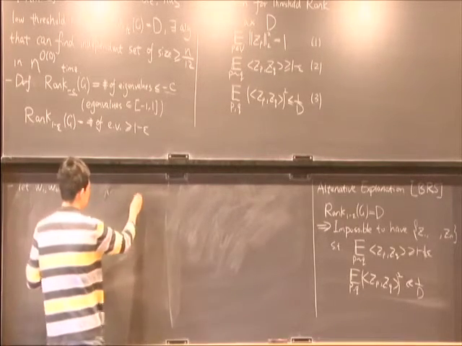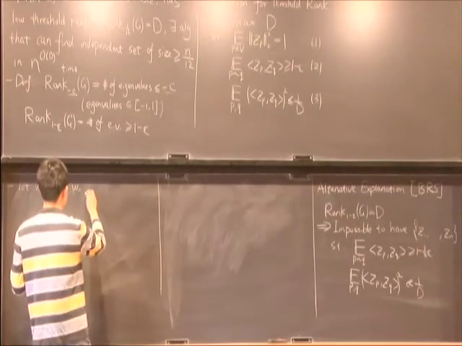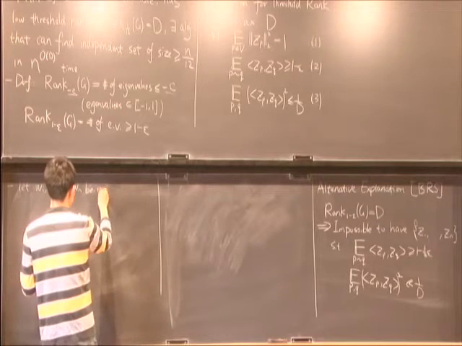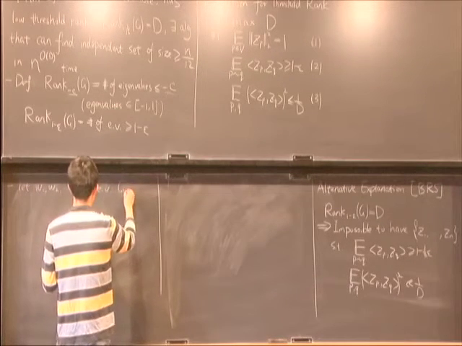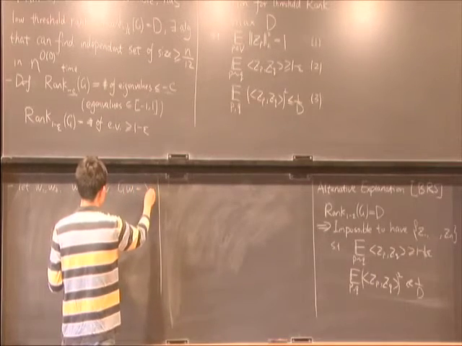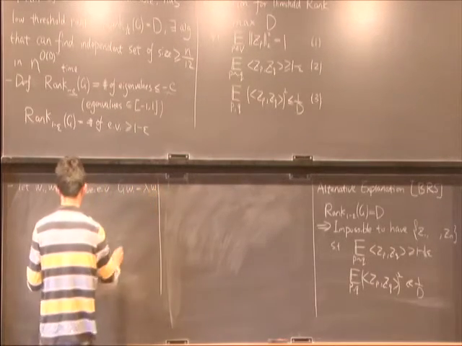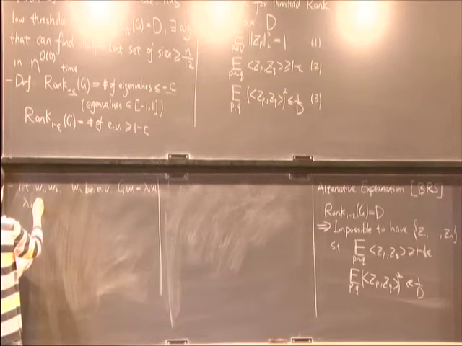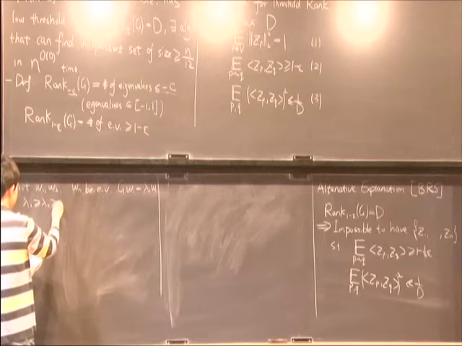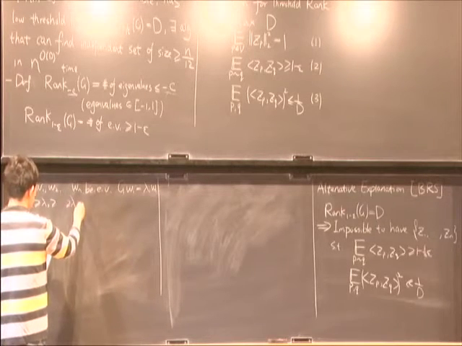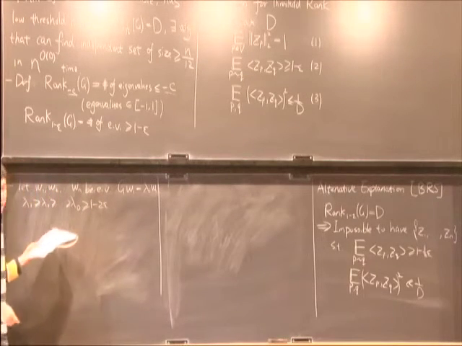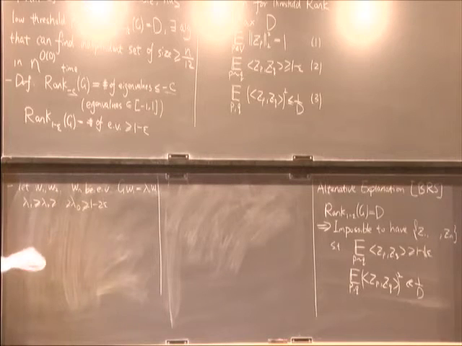Again, we have G w_i equal to lambda_i w_i, and lambda_1 is greater than lambda_2 is greater than lambda_d, which is more than 1 minus 2 epsilon, and all the rest are smaller than 1 minus 2 epsilon, as we assumed.